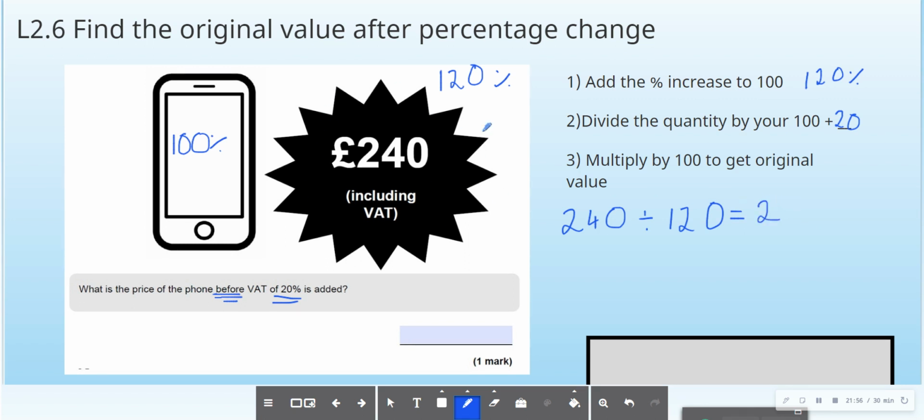Okay, the value now divided by the current percentage, which is 2, and then we're going to multiply that to get the original value. So it's going to be 2 times by 100, because that's what we're trying to get back to. We're trying to get back to 100%, and that gives us 200. So the original price of the phone before the VAT we added was £200.